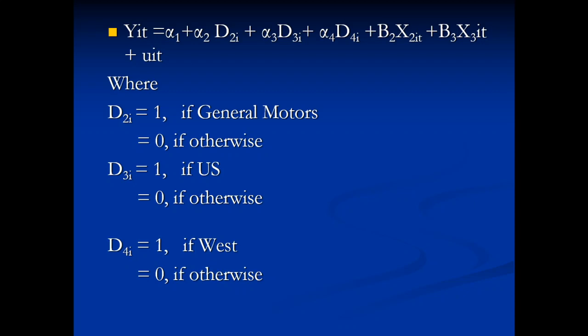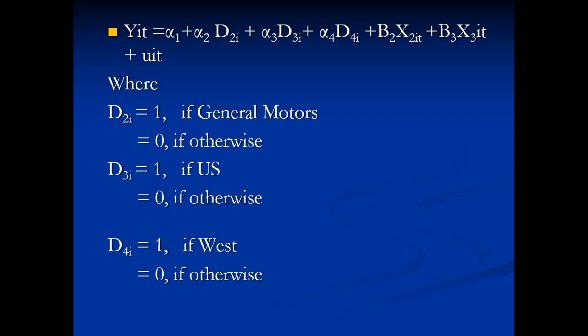See, you have four companies, hence you will use only three dummy variables. Alpha 1 will represent the intercept for the first company, and d2 is the dummy variable for the second company, d3 the dummy variable for the third company, and d4 the dummy variable for the fourth company.